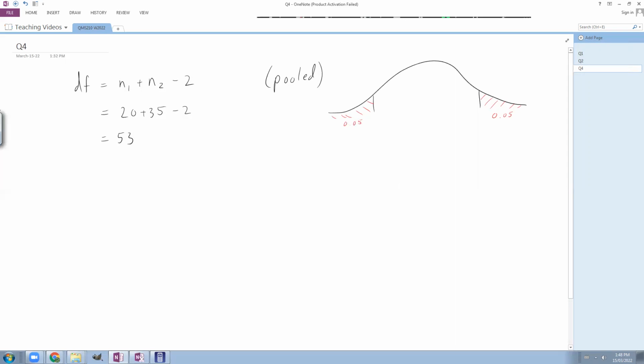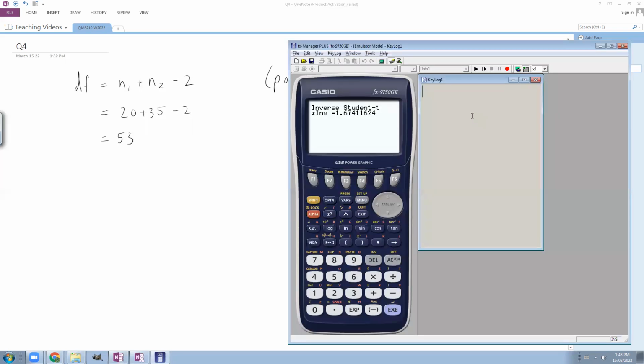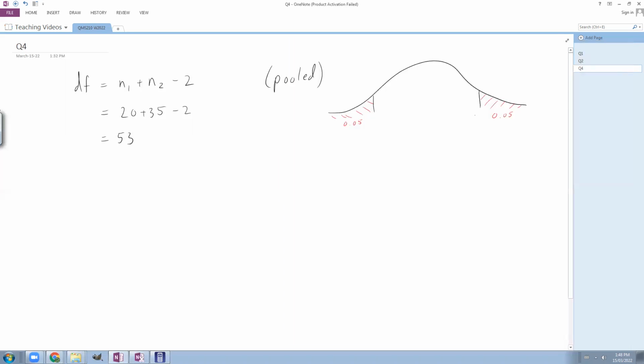And so when we look up an area of 0.05, the number the calculator gives us, 1.6741, is this value here, which makes this value here negative 1.6741.